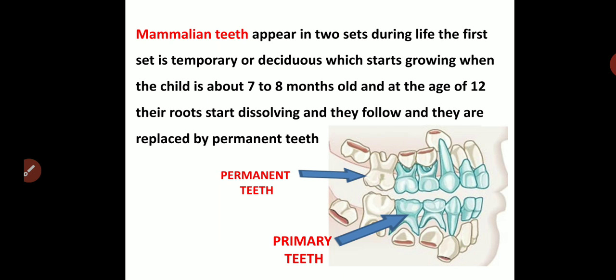They appear like buds and appear externally when the child is 6 to 8 months. So from 2.5 months it is there in the jaw, but they start taking proper shape and the white colored tooth starts appearing only when the child is 6 to 8 months old.